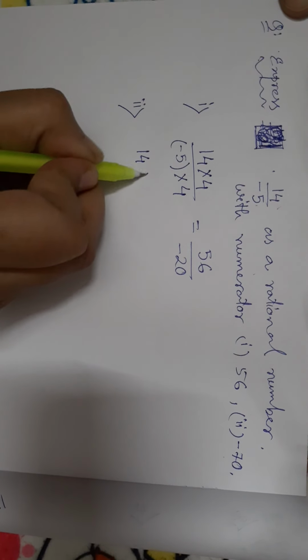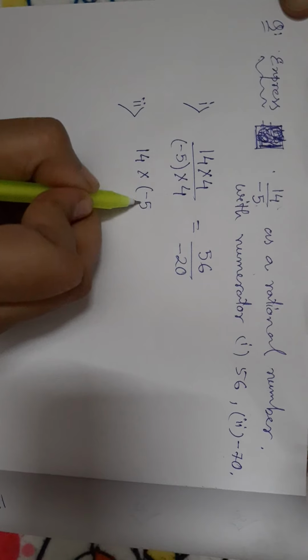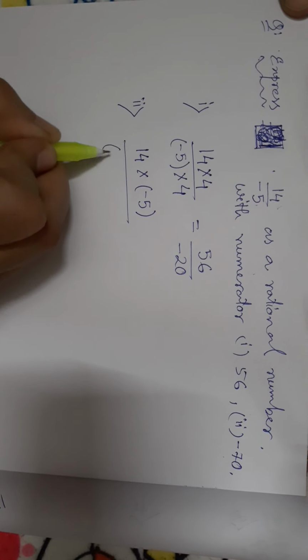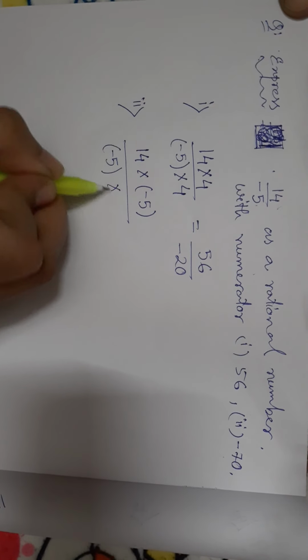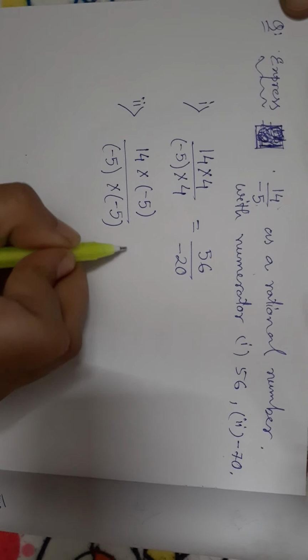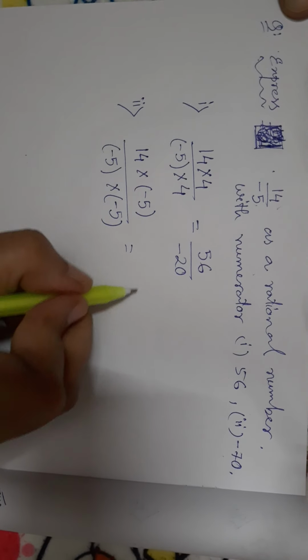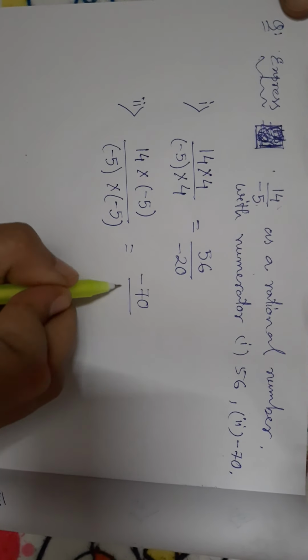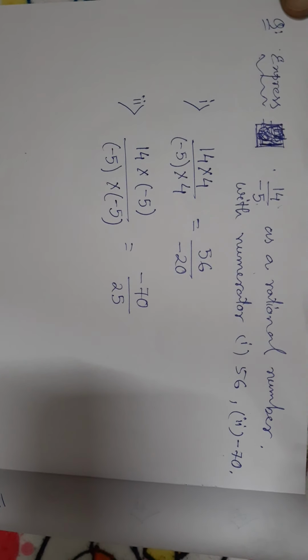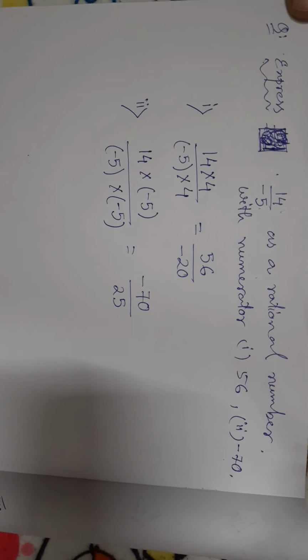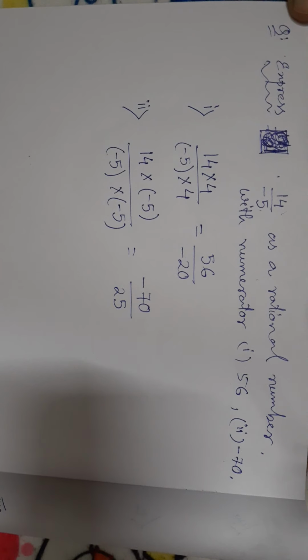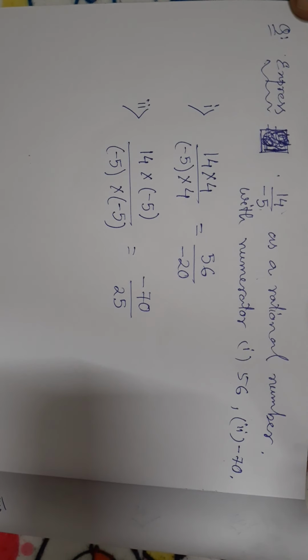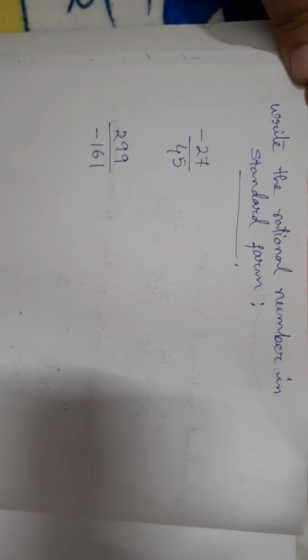So we are multiplying the numerator by minus 5, and similarly we are multiplying the denominator also by minus 5. So you will get here minus 70 by 25. In this way we can change the numerator and also the denominator by calculating the equivalent rational number.